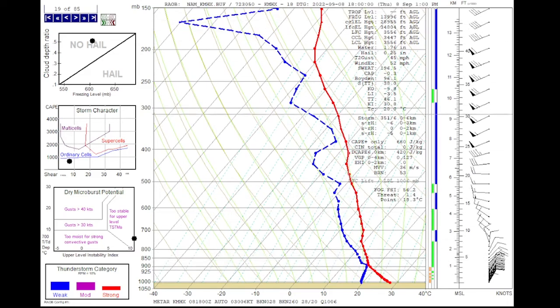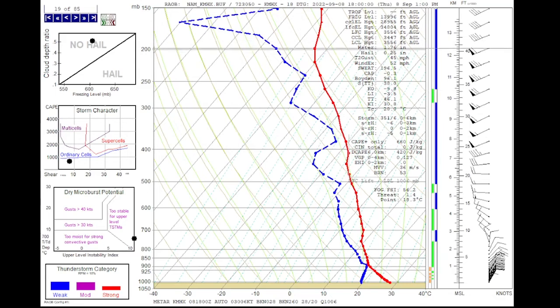We got a whole list of numbers on the right hand side with all of our analysis and all of the indexes for possible severe weather, possible thunderstorms. We're going to touch base on some of these, but not all of them.